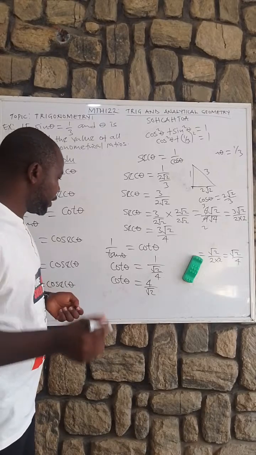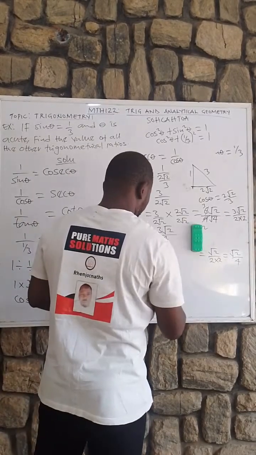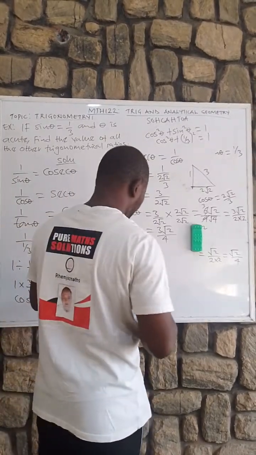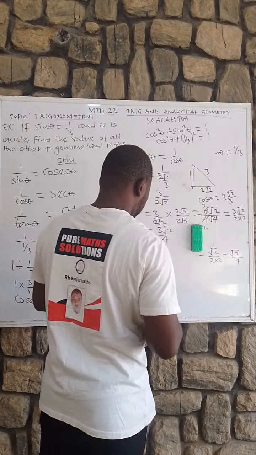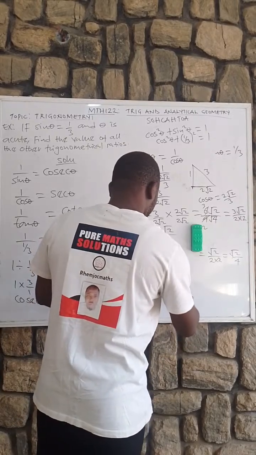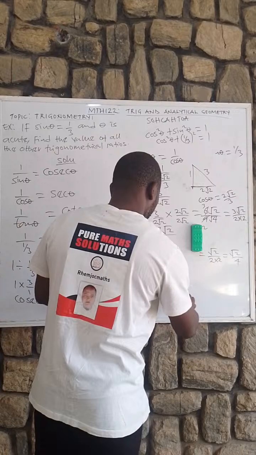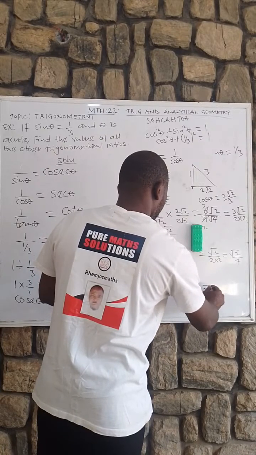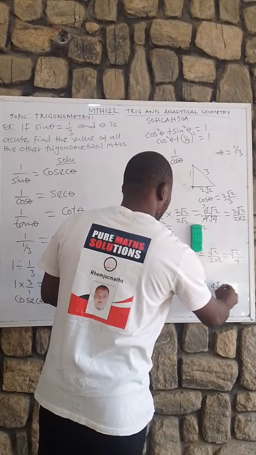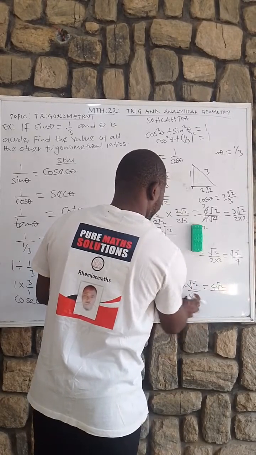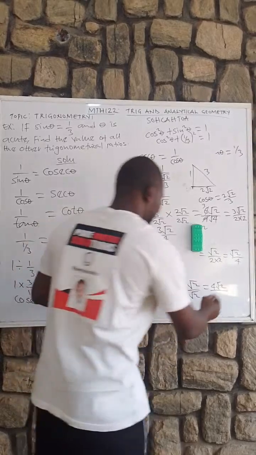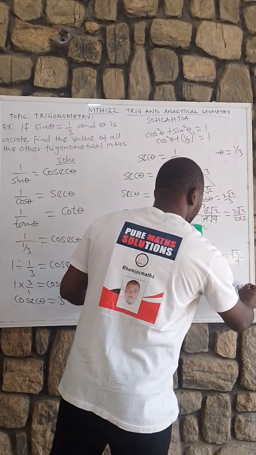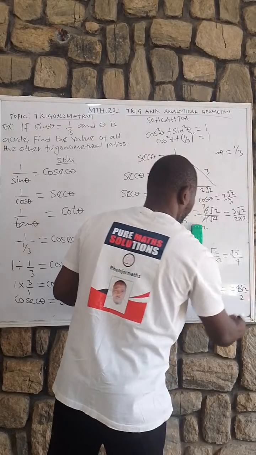Try and rationalize it. If you rationalize it, you are going to have root 2. Okay, let's do it together. Times root 2 all over root 2. This is 4 root 2, then all over, this is root 4, right? Then this is equal to 4 root 2 all over what? 2.